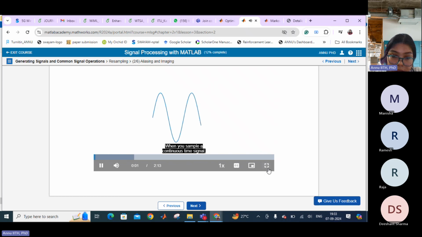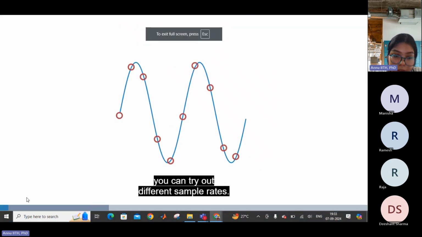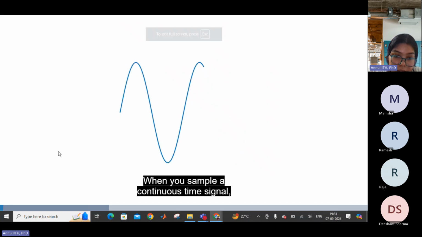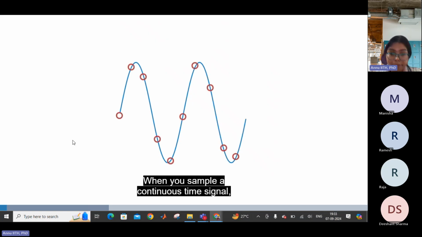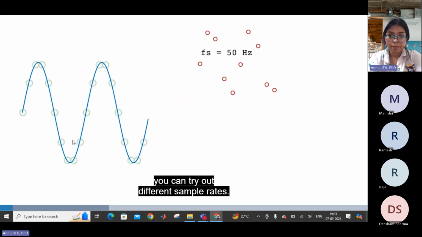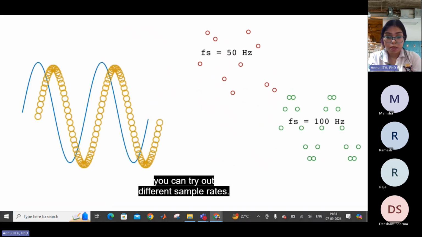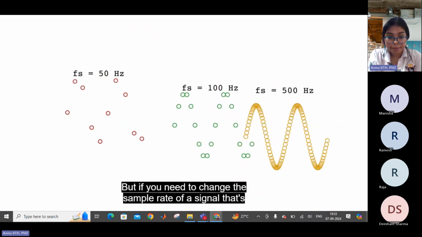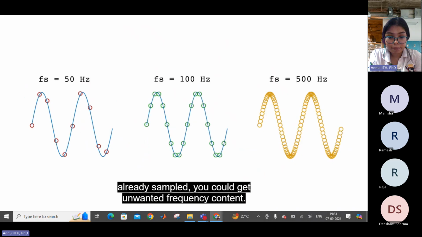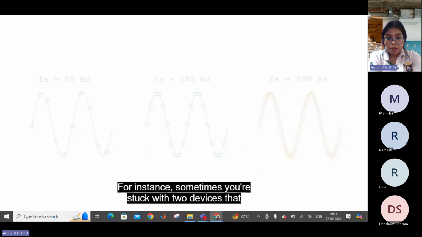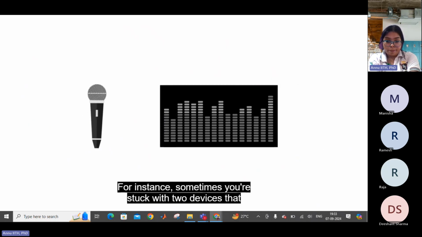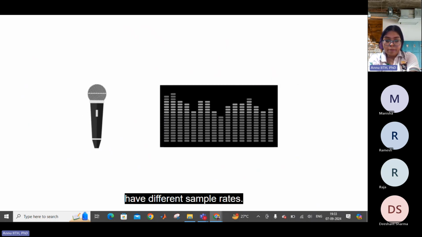When you sample a continuous time signal, you can try out different sample rates. But if you need to change the sample rate of a signal that's already sampled, you could get unwanted frequency content. For instance, sometimes you're stuck with two devices that have different sample rates.